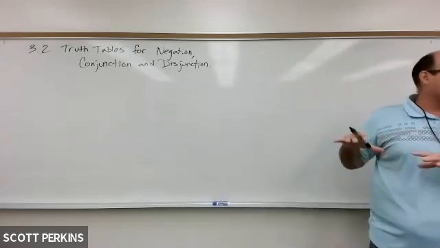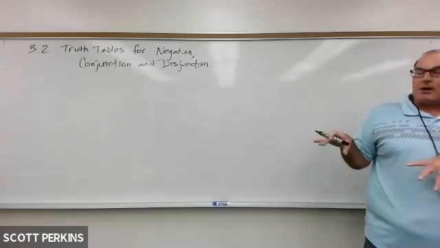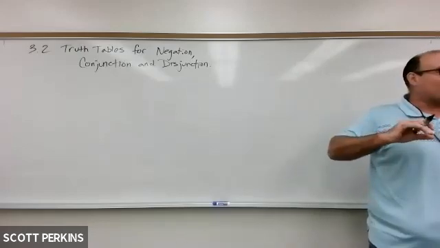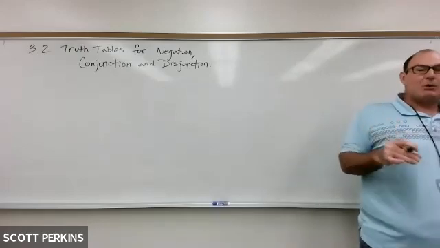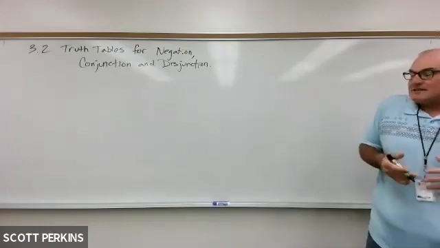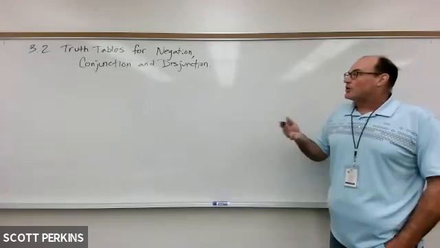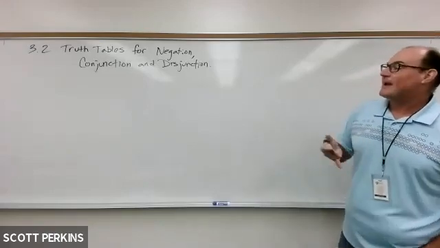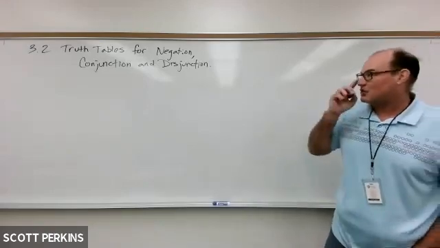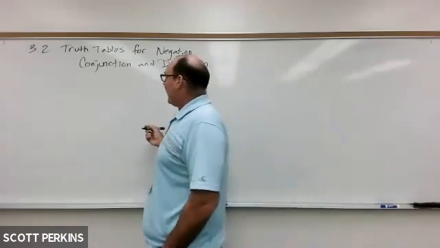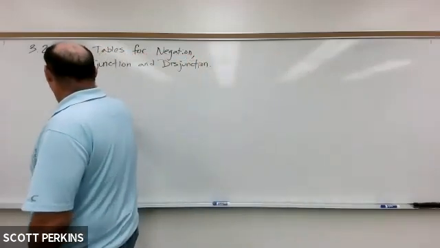It's all based on this right here. So I want to make sure that you have complete understanding. We're going to practice it a bunch because this is the key skill to being able to determine if an argument is valid or invalid, to be able to do other things with logic. So the first thing we're going to have is the negation.